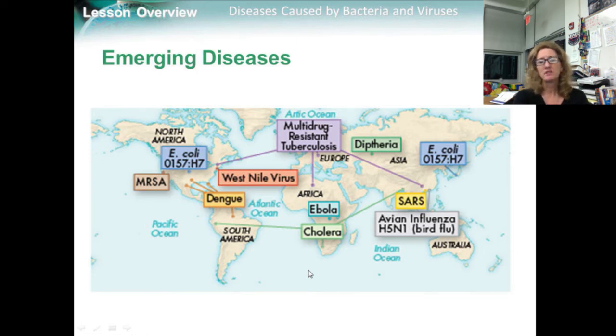This map shows locations worldwide where specific emerging diseases have broken out in recent years. In recent years, new diseases such as severe acute respiratory syndrome, SARS, in Asia have appeared. At the same time, some diseases thought to be under control have come back too.